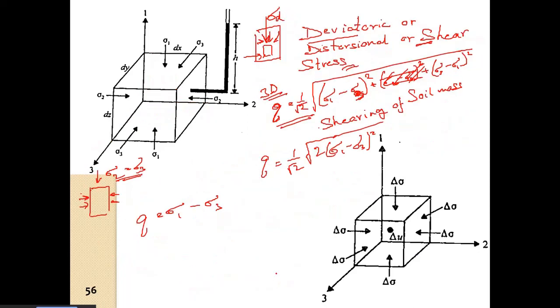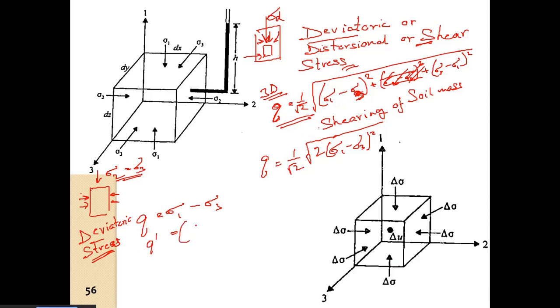But we will now see that deviatoric stress is independent of pore water pressure. So this is sigma 1 minus sigma 3. Now if I write it in terms of effective stress, suppose I want to write it as q dash, right?